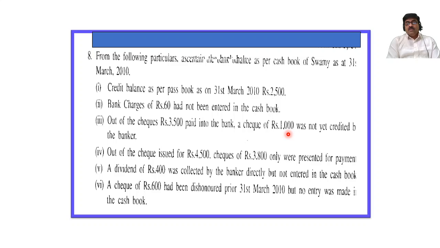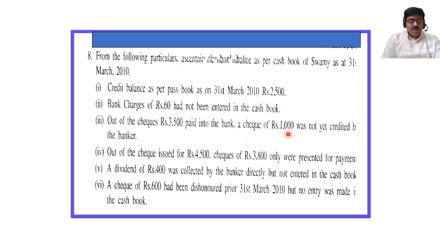When the check was received it was debited in the cash book, meaning there is an increase in the cash book balance. This amount is not collected by the bank, so there is no credit on the credit side of the passbook. So we are doing BRS on the basis of the passbook, so we have to add this 1000 rupees to equal that of the cash book balance.